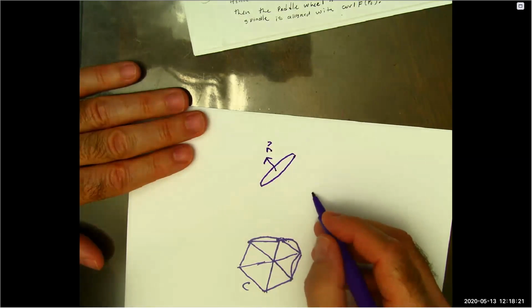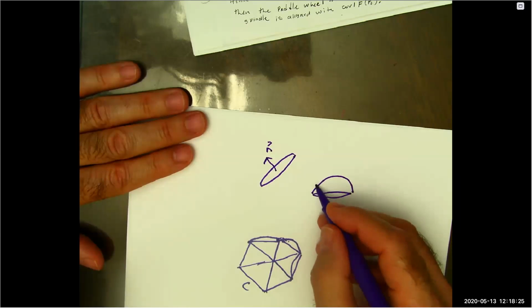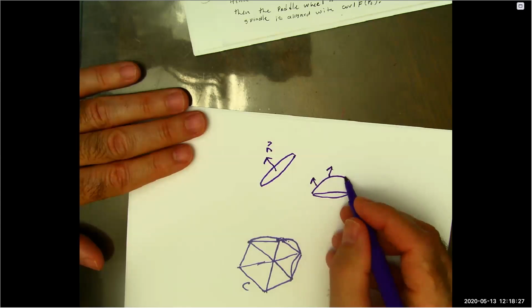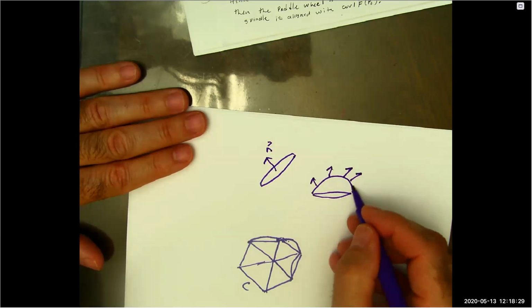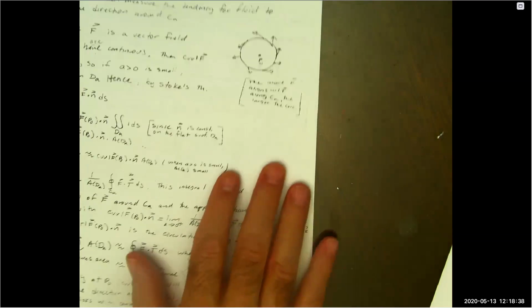If you have a normal to a surface that's not flat, then on different parts it's going to be different. But when you have a flat plate, it's always a constant, right? And so we can take this constant out. And so we can say it's approximately equal to that.